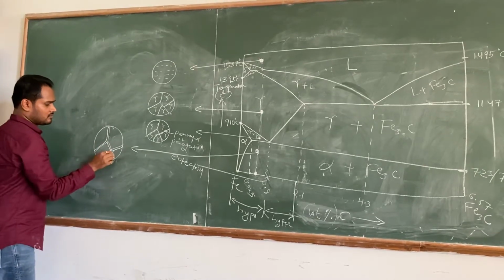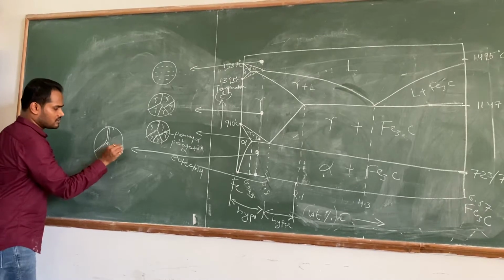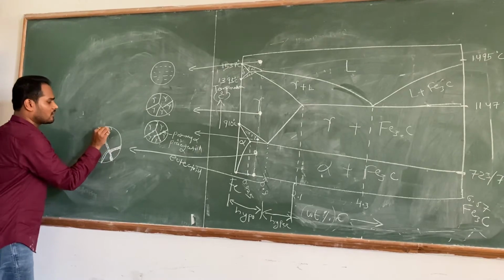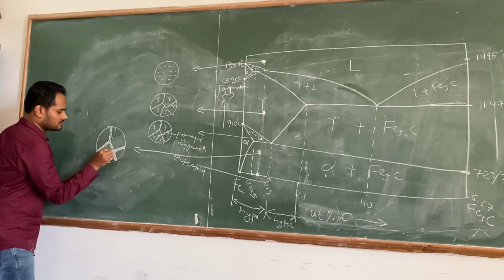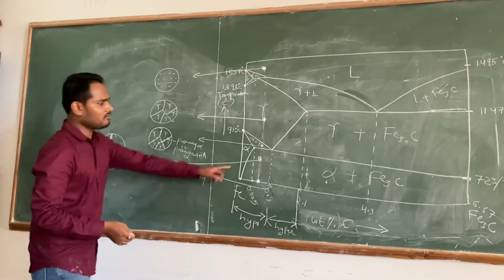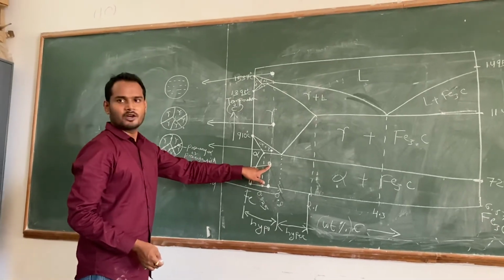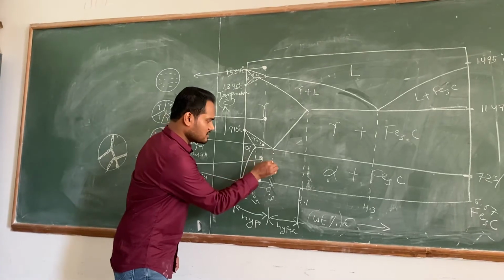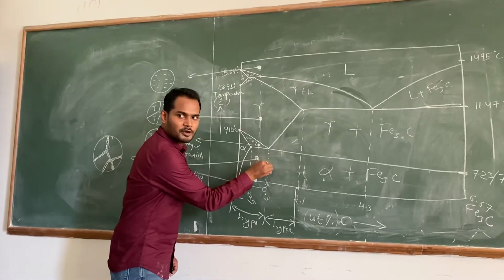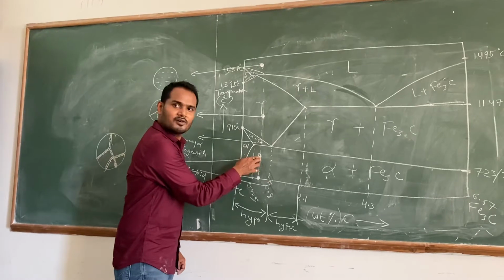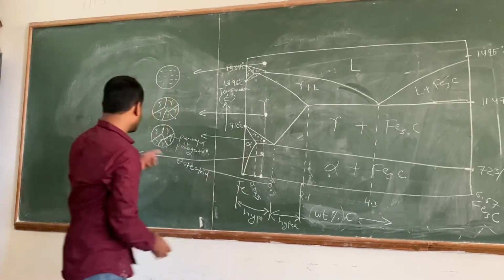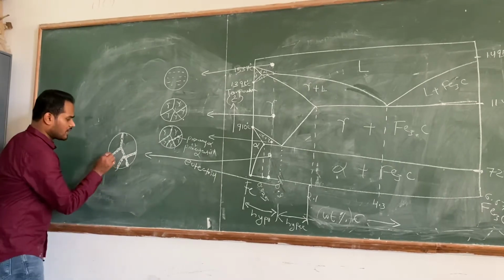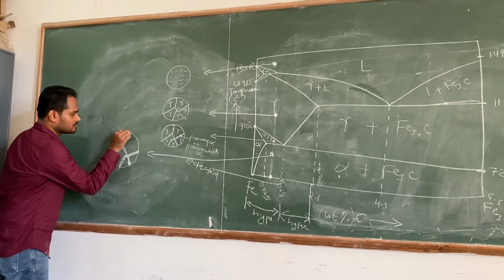These are actually proeutectoid alpha, which have grown along the grain boundaries. And now I have pearlite. Why? Because you can understand this is alpha, this is 100% pearlite, 0.8. So in between them I have alpha and pearlite. Alpha is already formed and grown along the grain boundary, and now I have pearlite, so I can draw it like this.